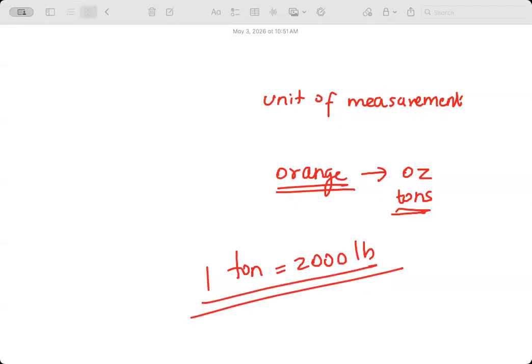Bigger than a piano. A piano is maybe 300 or 400 pounds, it's in the hundreds somewhere. Yeah, 32,000 ounces is correct though.